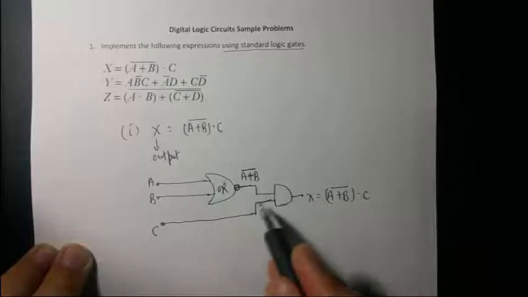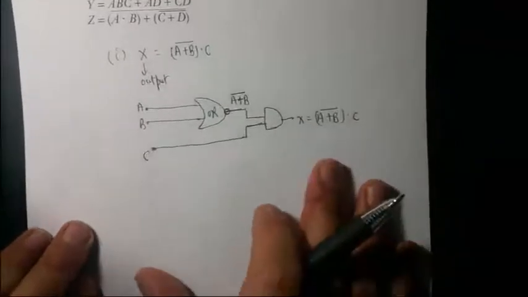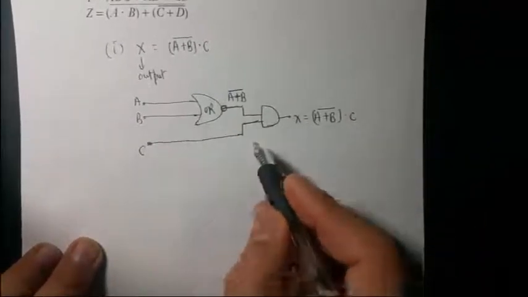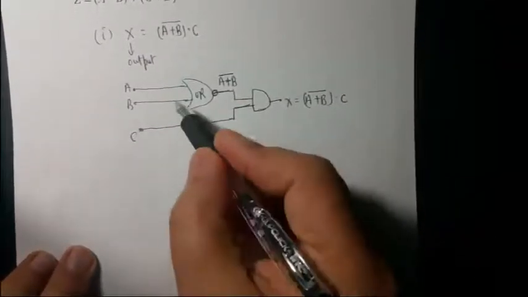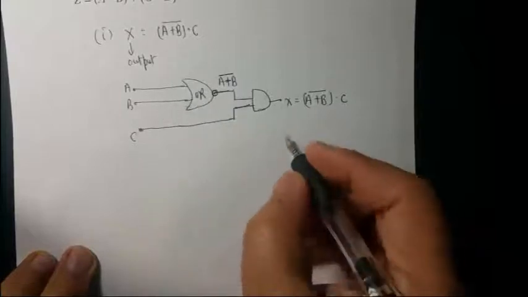So that's how you build the logic circuit. And if it is asking for the truth table (TT) for this given circuit, you can build the truth table as well. Since it is a three-input circuit, you'll have 8 possible combinations.